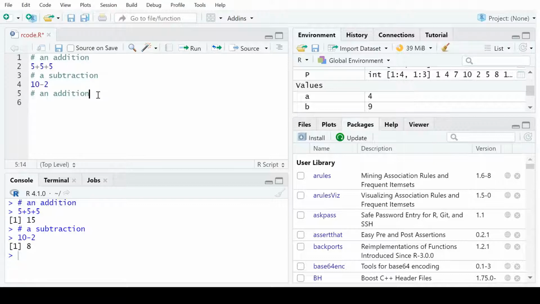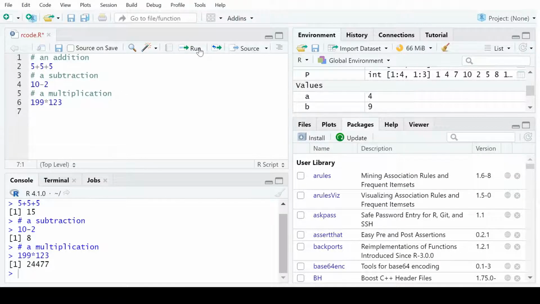Addition we already did. Now you can do a multiplication with R. As I have said, consider it as a bigger calculator which can help you in doing lots of calculations. So when we execute this, we will get a multiplication answer as well.